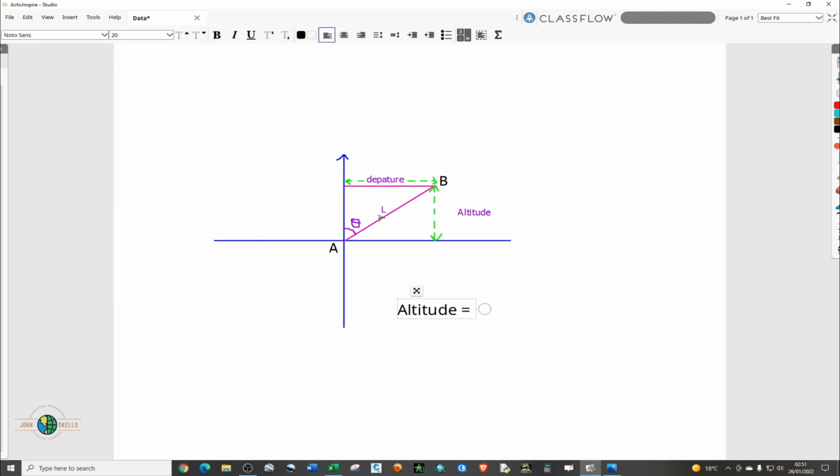We'll multiply L by cos theta. So that will be L multiplied by cos, let me just type in bearing, yeah, just bearing, because I don't have the sign for theta.